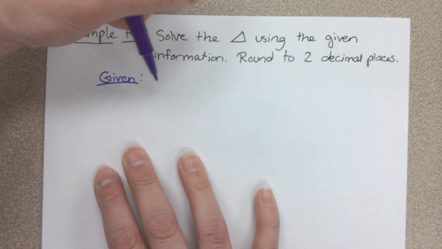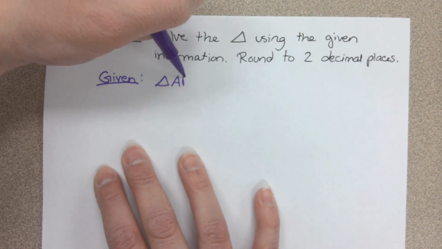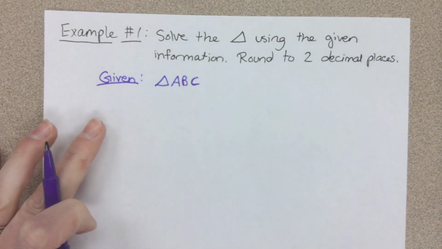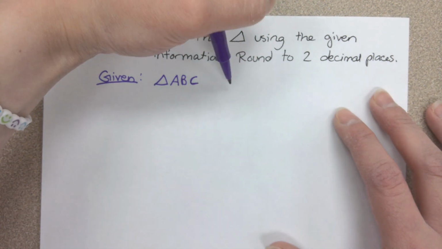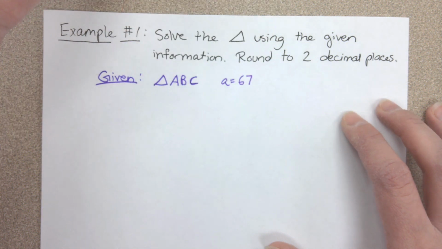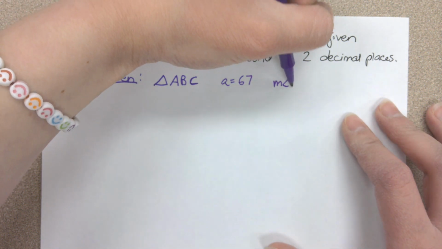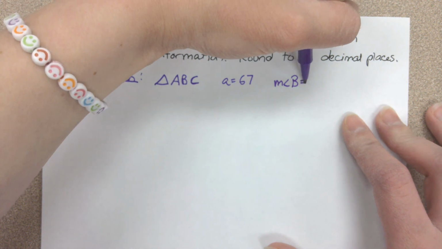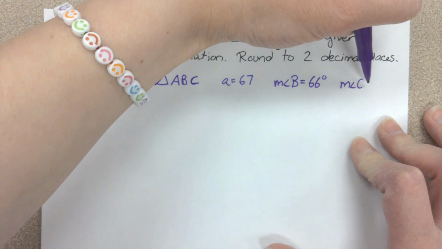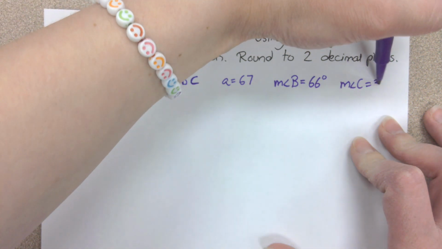We are given triangle ABC, little a, so side A is equal to 67, the measure of angle B equals 66 degrees, and the measure of angle C is 30 degrees.